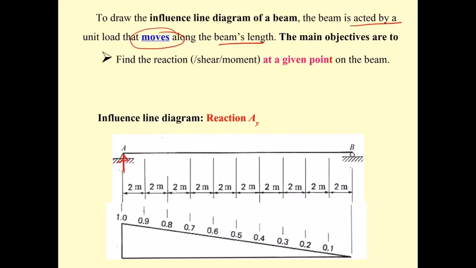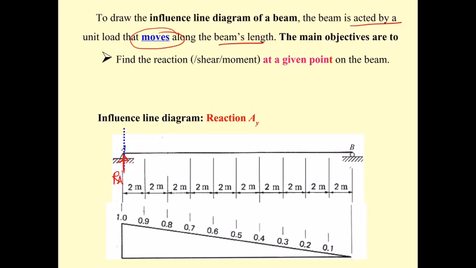Okay, this is going to be R sub A. And what is the load going to move? Usually we assign the 1.0 point load to represent the magnitude of force.